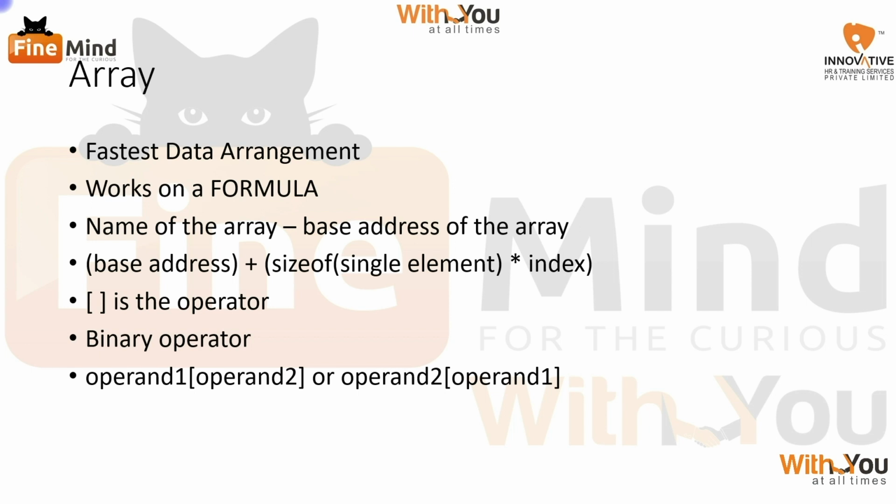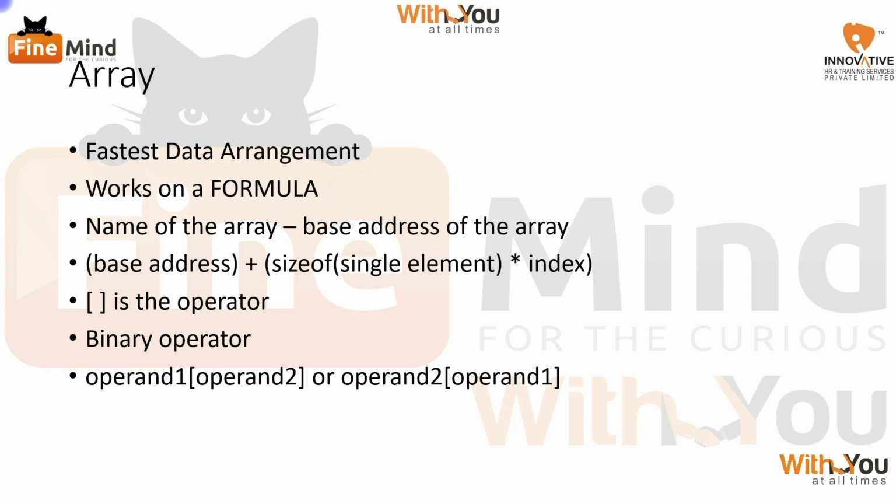Of the data structures, the one which gives you the fastest access is the array. That is why every programmer would like to work with an array. For example, in a language like Python, a list itself is not implemented as an array.